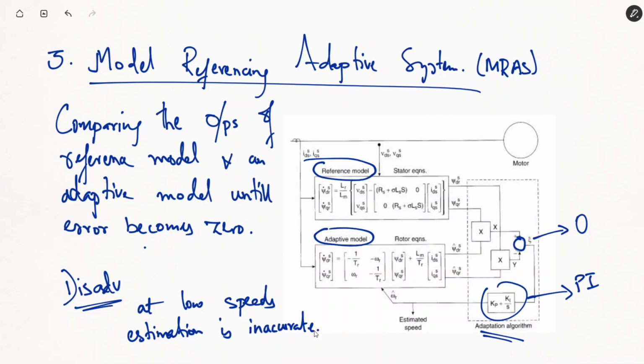As you can see, this model requires the values of voltage for finding the values of fluxes.